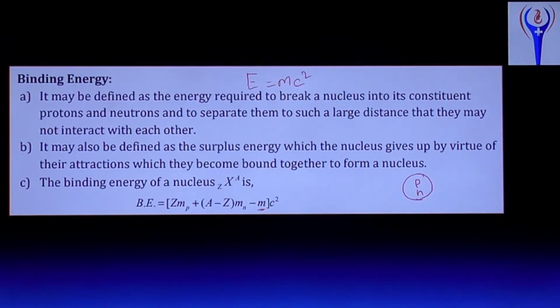With the mass defect, it is delta m into c square. Substitute the delta m value into c square, and that is the binding energy. Binding energy is the minimum energy required to break a nucleus into its constituent nucleons.